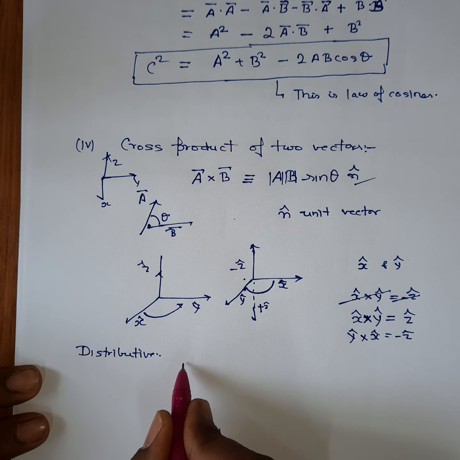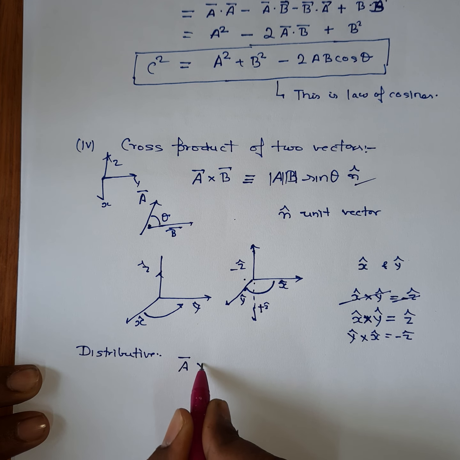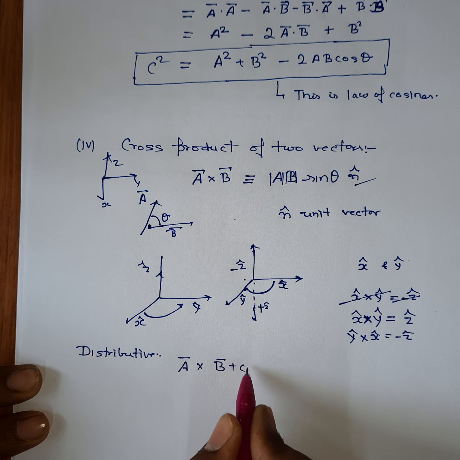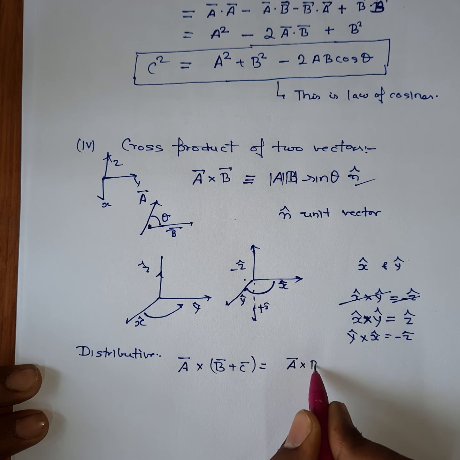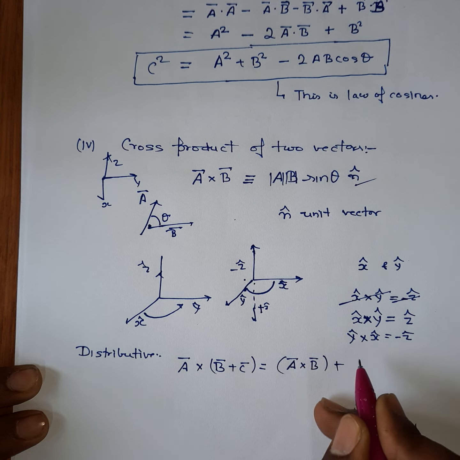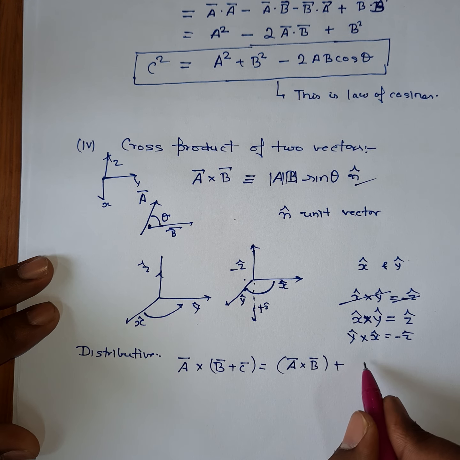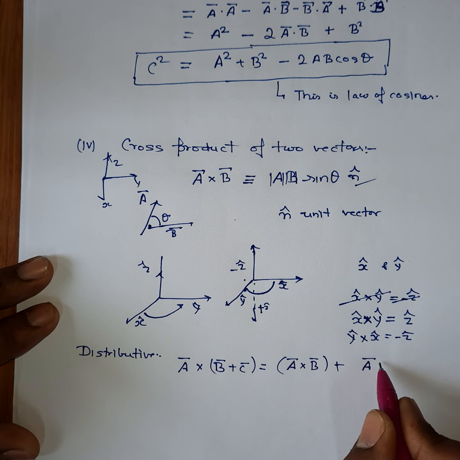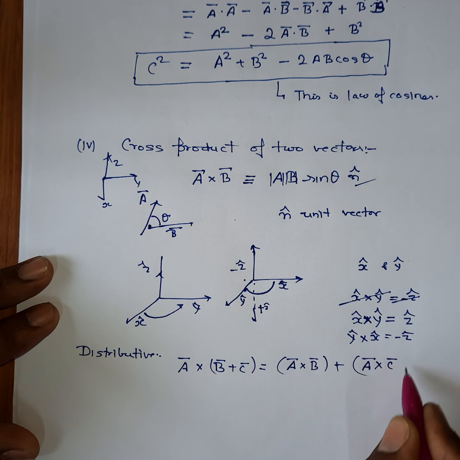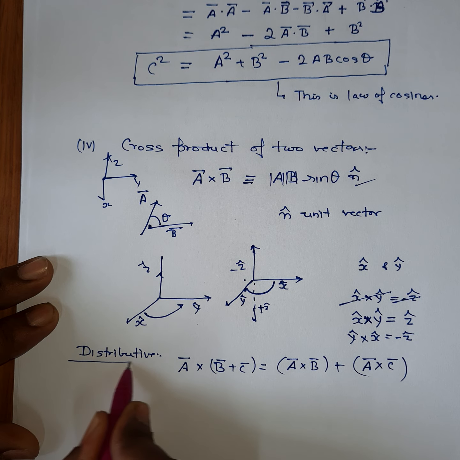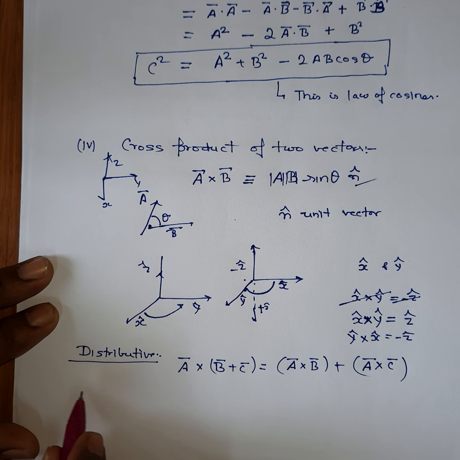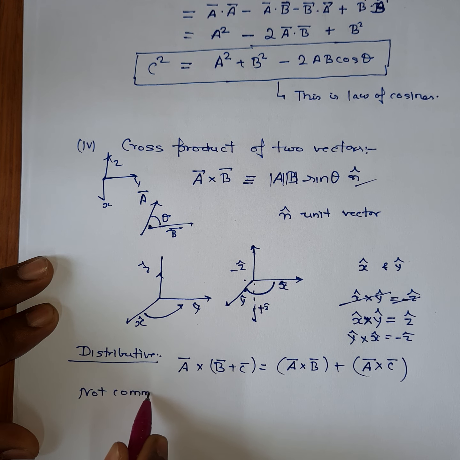What I mean is, if there are three vectors, A vector cross (B vector plus C vector), you can write it as A vector cross B vector plus A vector cross C vector. It can be distributed over addition. But it is distributive, and it is not commutative. What do I mean?